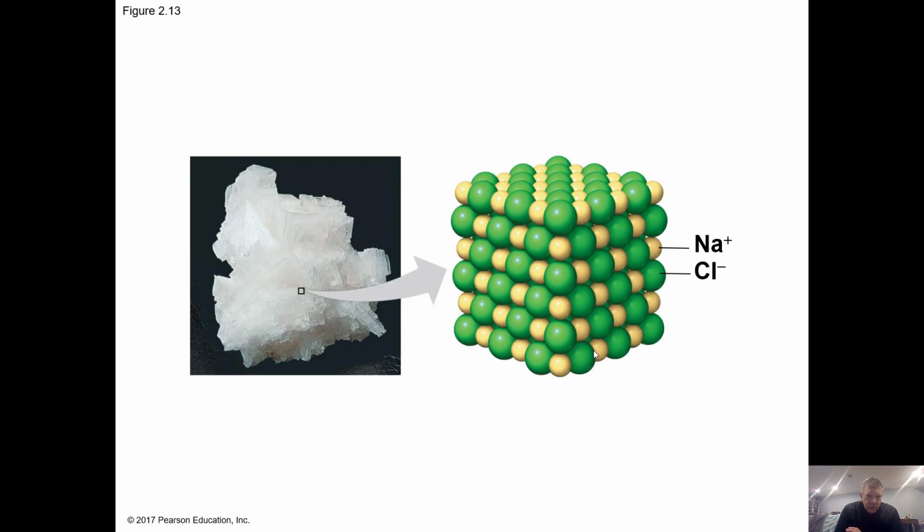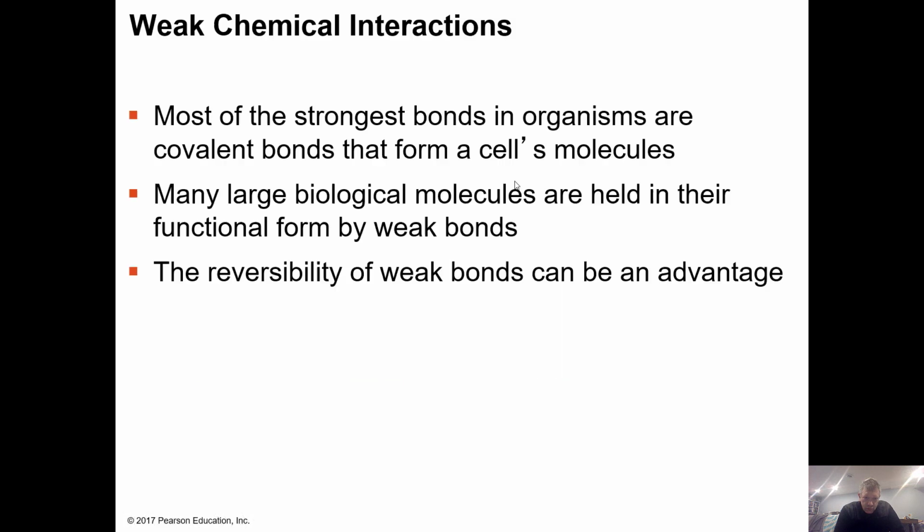Here's a crystal of sodium chloride. It's probably very pure because I don't think table salt really looks like that. You get the idea. It forms a crystal, which is a repeating pattern. And that's it for our bonds.